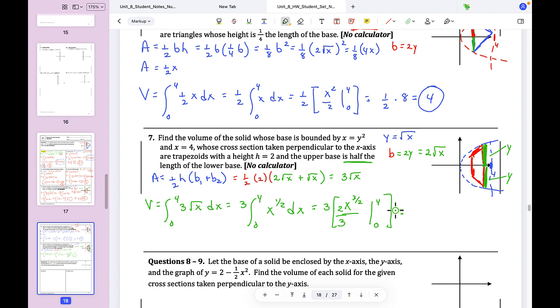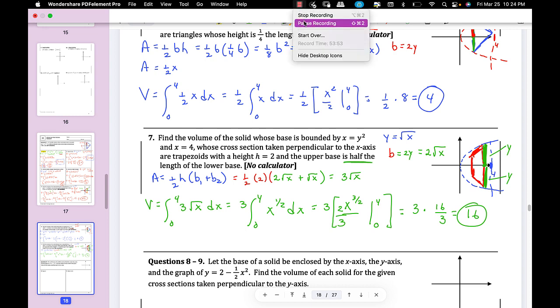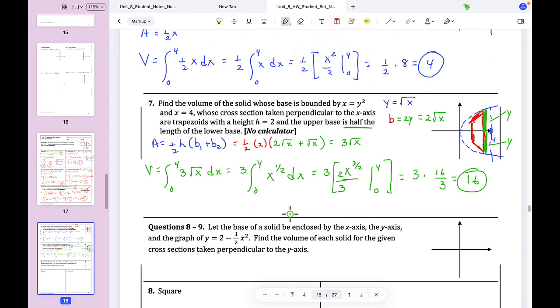And that comes out to, let's see, 3 times 16 over 3, which is 16. Okay, let's look at the next one.